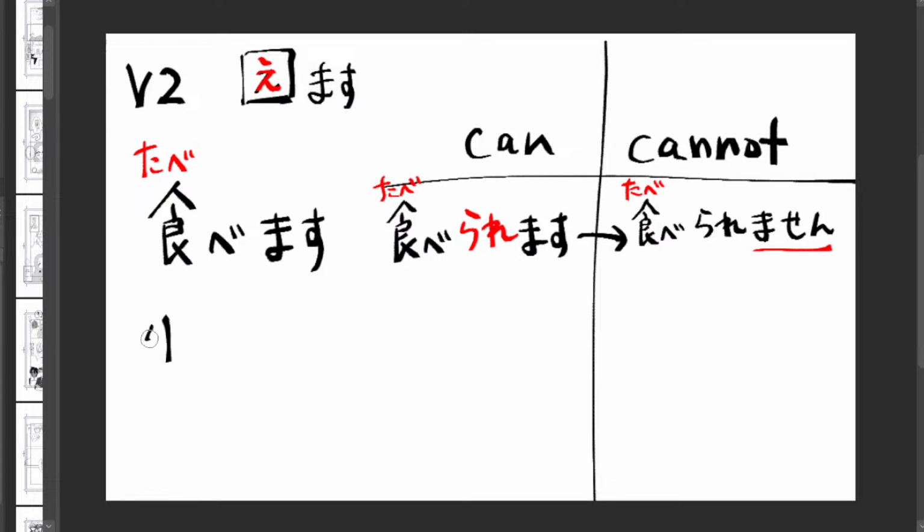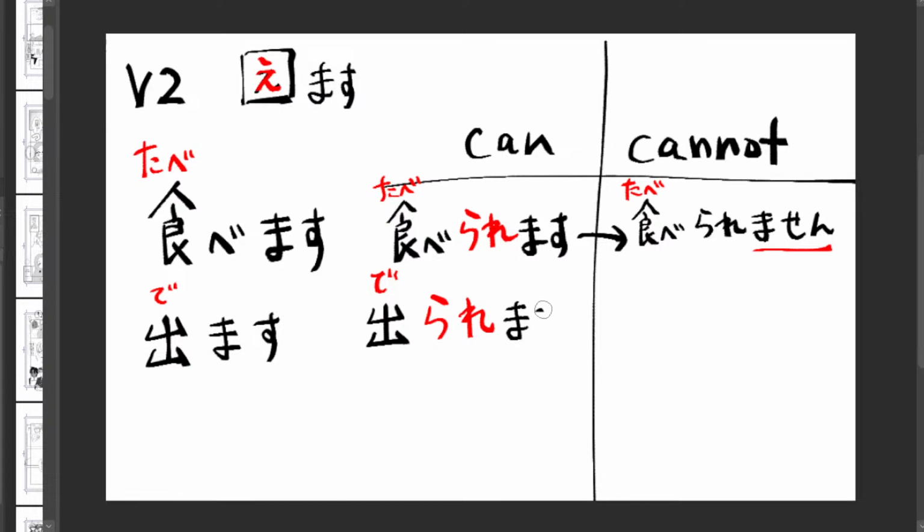Next, another verb from the V2 group is demasu, which means to go out. De means go out, so you just add rare. To say you can go out, derare masu.